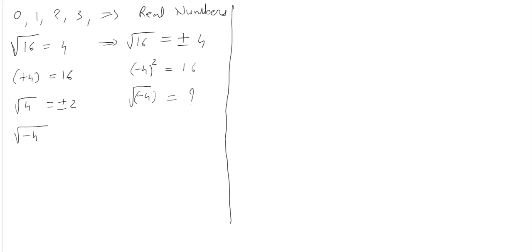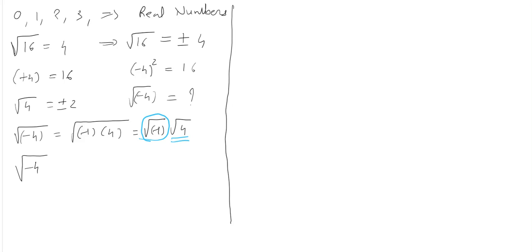So the square root of minus 4, if you have to find, we can split it as minus 1 into 4. So I'll write it as square root of minus 1 and square root of 4, assuming the square root of 4 is plus 2. The square root of minus 1 is given the symbol i in maths.